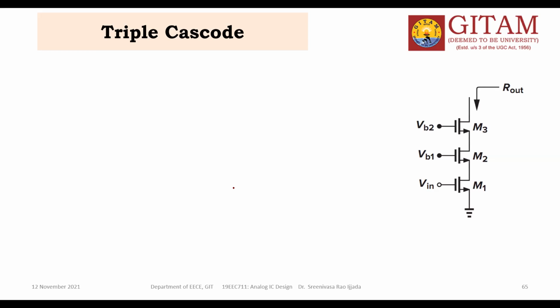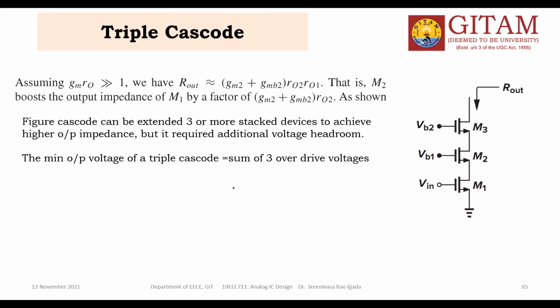You can keep 4 transistors also. Generally the output resistance is increased by this much factor. This input is applied to M1. How much resistance will be improved whenever each transistor is added in the cascode?